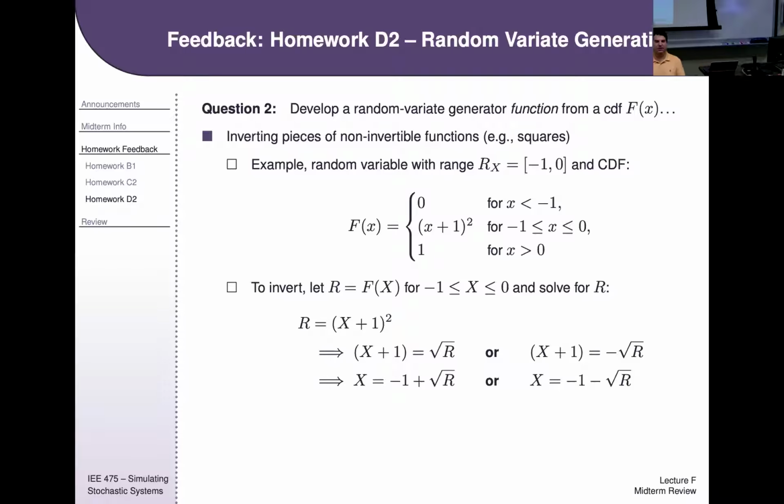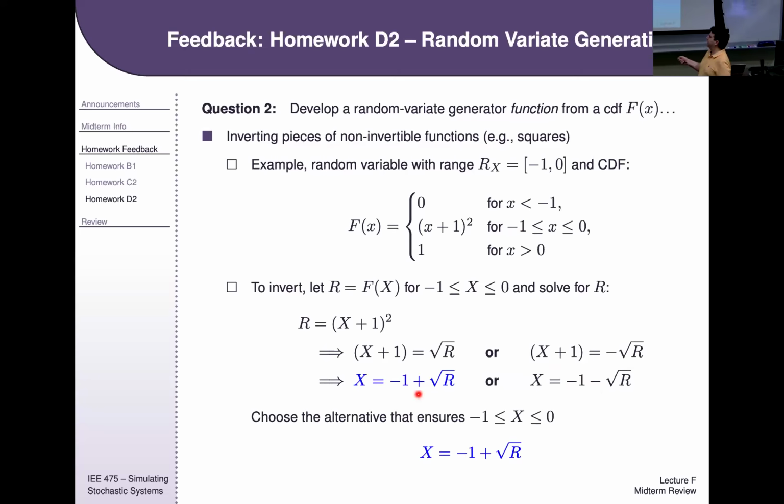So there's no support less than -1. So this x, where I'm doing -1 minus a positive value, is invalid. It just doesn't make any sense. So I'm going to choose the plus, because that is the only thing that's consistent with the range. Questions about that or anything?